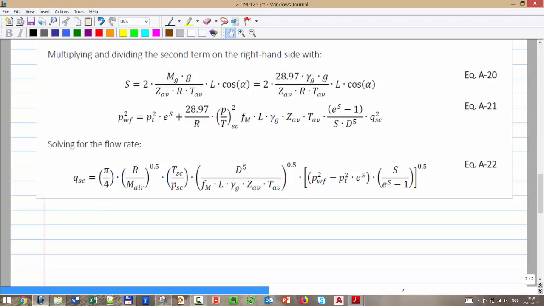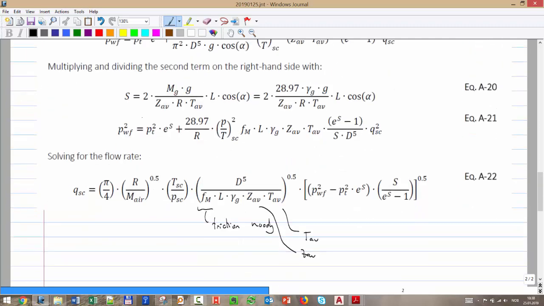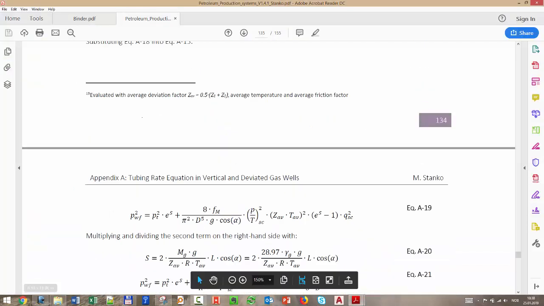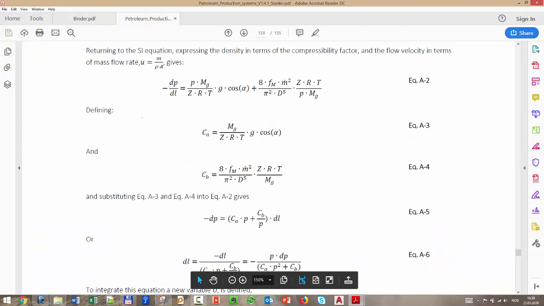I have the diameter, but I also need a friction factor, the Moody friction factor, and an average temperature and an average Z factor. That was because in the integration I had to make some terms constant.